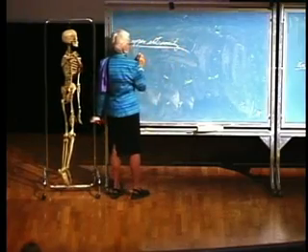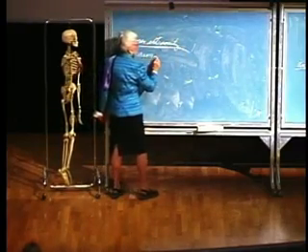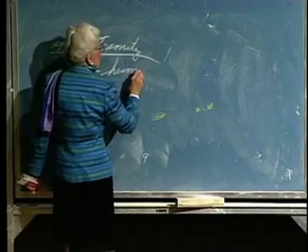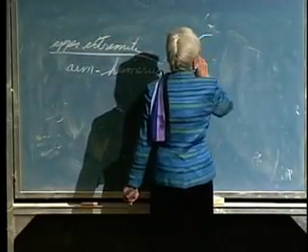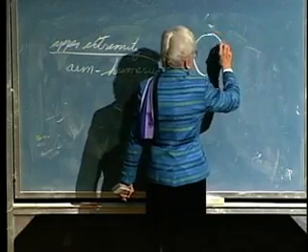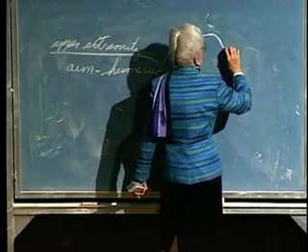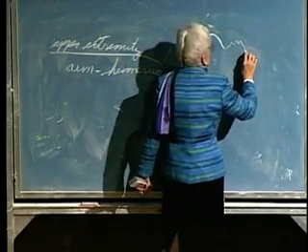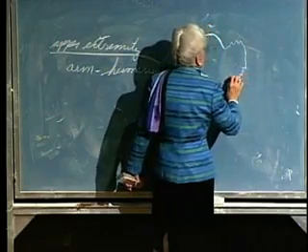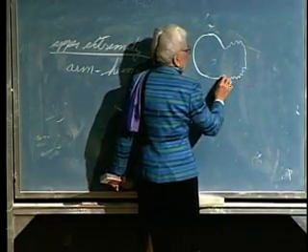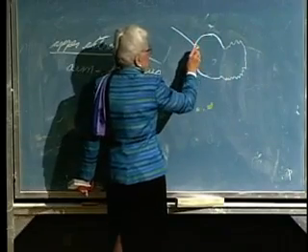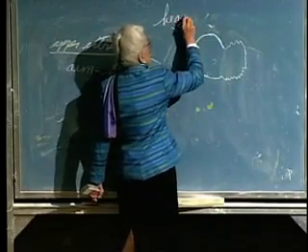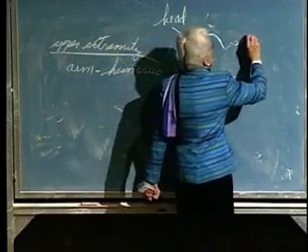Where we'll have the arm, which we call the humerus, and it will have a head. It'll have a greater tubercle. So this is the head. Here's the greater tubercle.